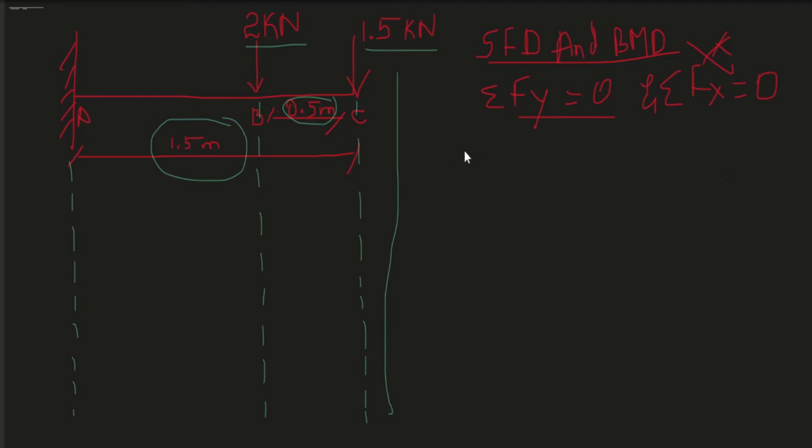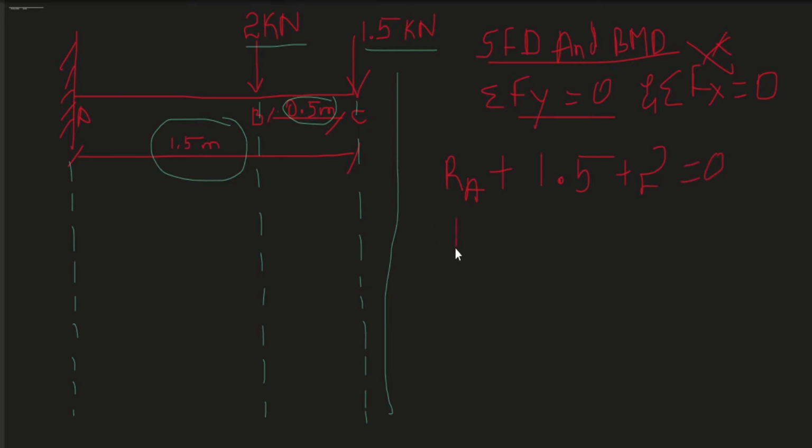Now let us assume that the reaction at A is RA. Since the sum of forces acting along y is 0, plus these two forces you need to add. So it will be RA plus 1.5 plus 2 equal to 0.